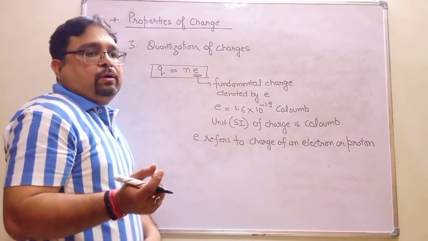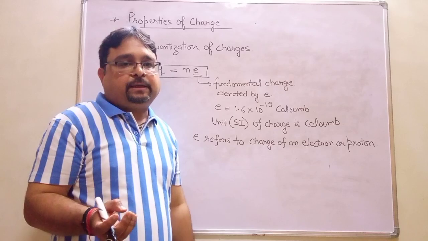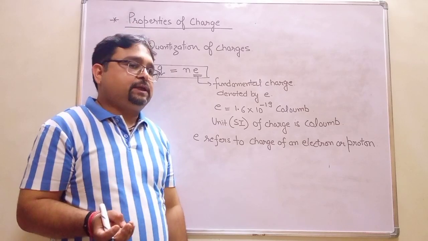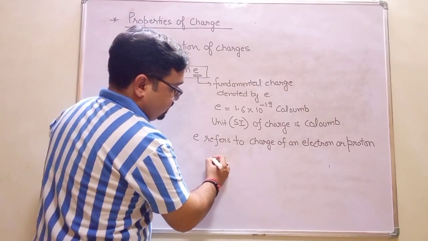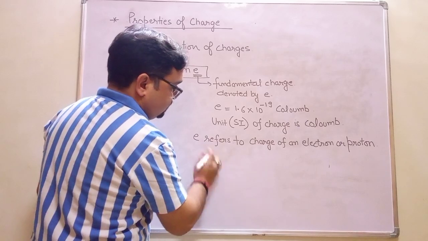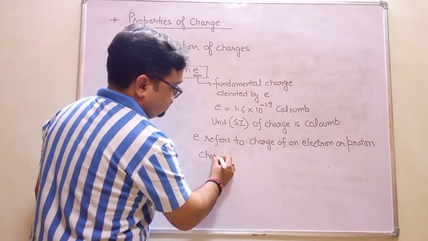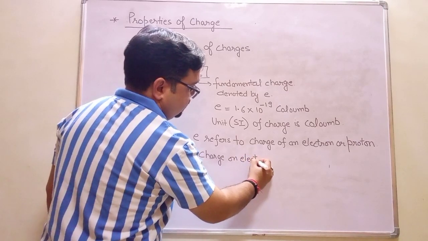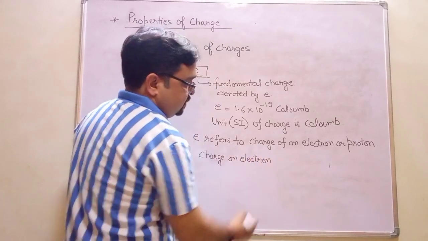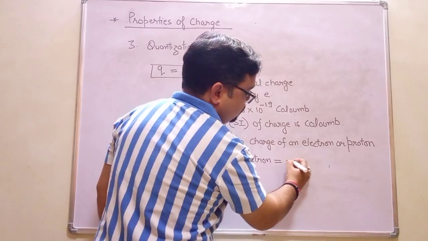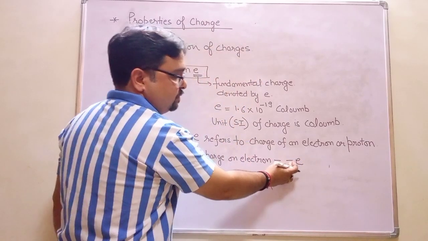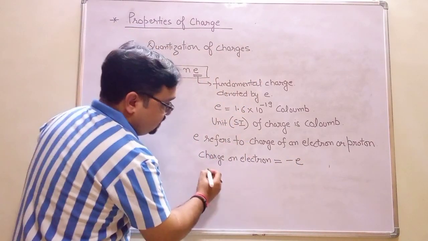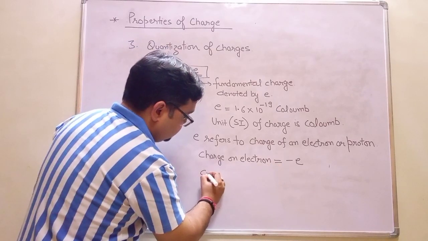We know that an electron is a negatively charged particle and a proton is a positively charged particle. So the charge on an electron is equal to minus e. We put minus because it is negatively charged.